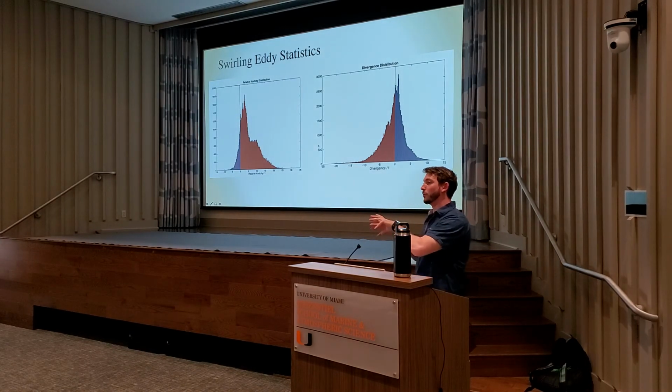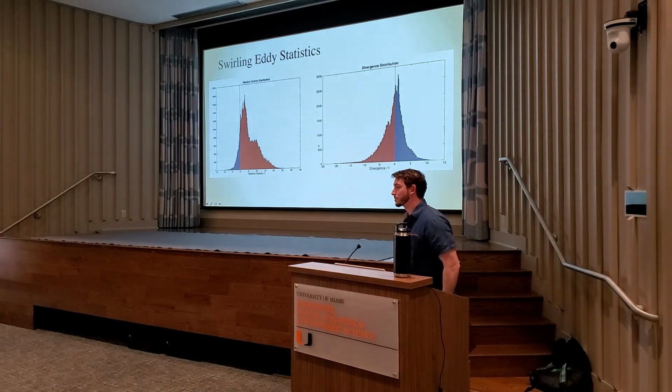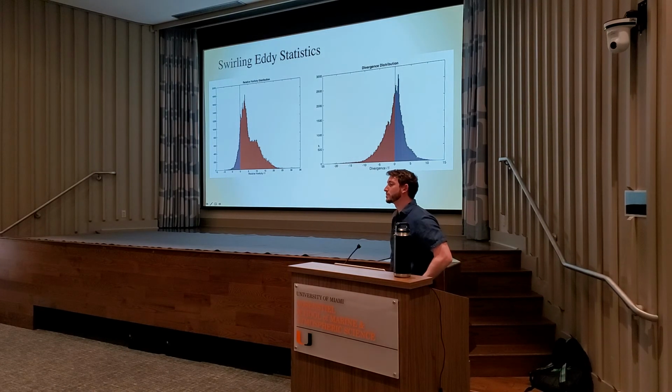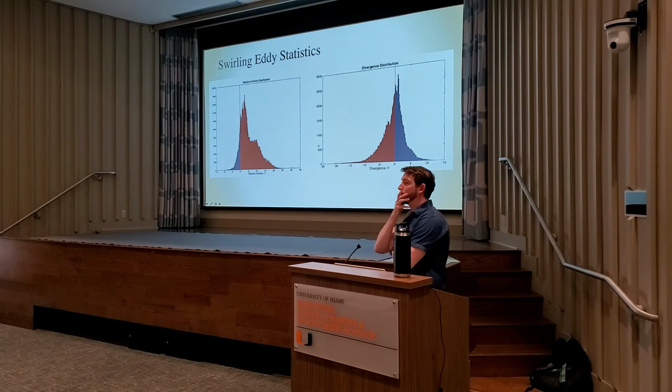And then once the eddy forms and it's completely dominated by positive relative vorticity is when you're seeing that second hump. Maybe you could do a PDF as a function of time. Yeah, it's a great idea.